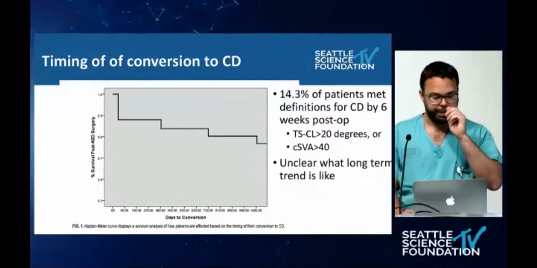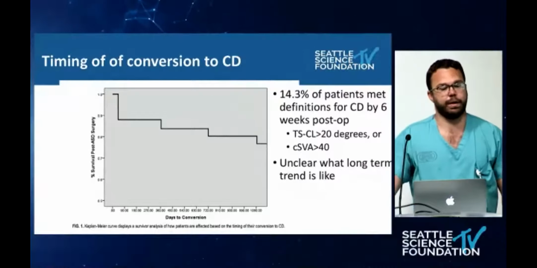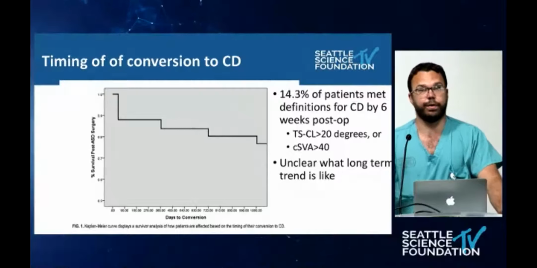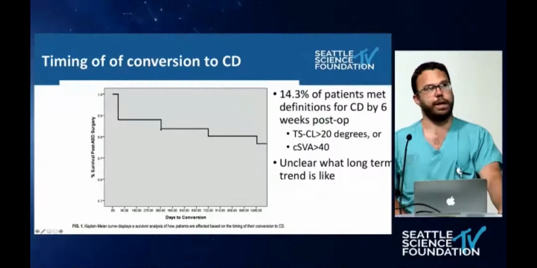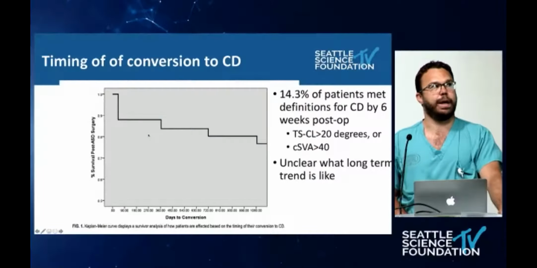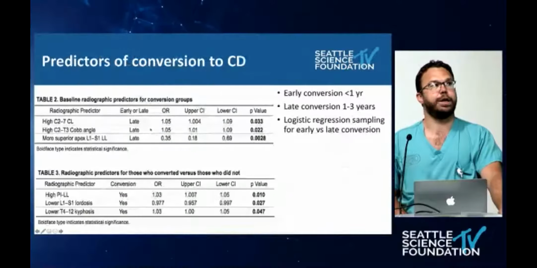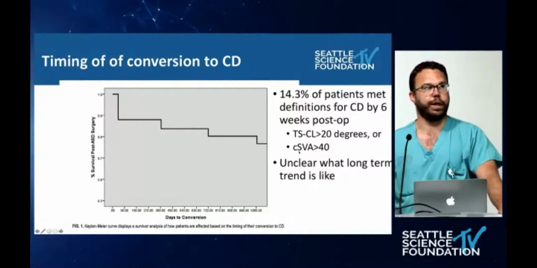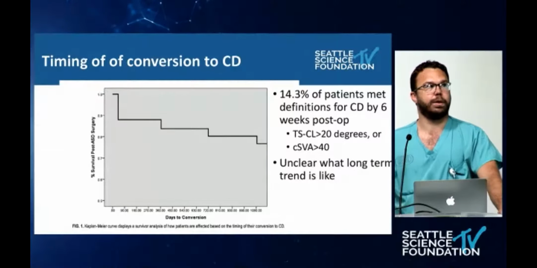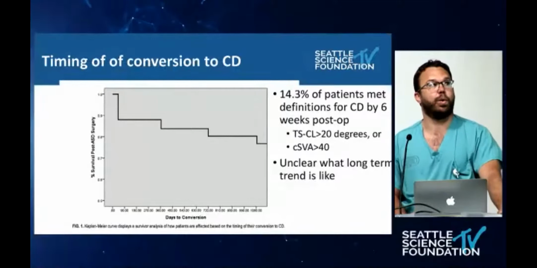So what made this paper so interesting is they really dove into the timing of the conversion to the cervical deformity. And this is a Kaplan-Meier plot that at the 6-week post-op period, 14.3% met criteria for having cervical deformity. And what they classified this as: cervical SVA greater than 40 degrees or thoracic slope cervical lordosis mismatch greater than 20 degrees.